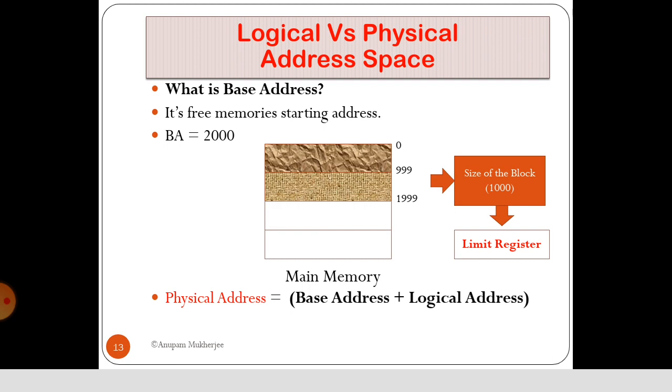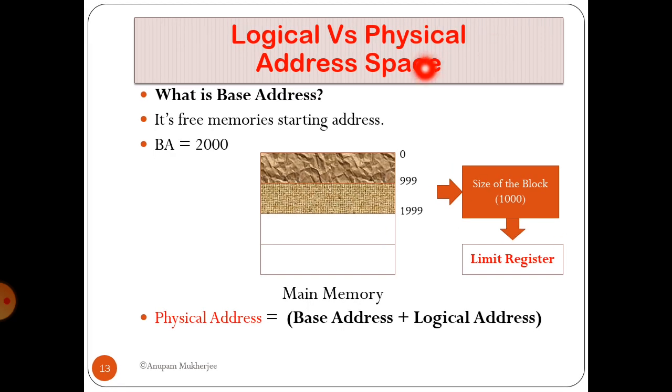Now, as I told you, base address means the free memory's starting address. For example, look at this diagram. Say this is the memory block. In that first block of memory which is occupied, the size of the block is called the limit register. The limit register maintains the maximum size of the memory block, and here a job of almost 2000 is already occupied.